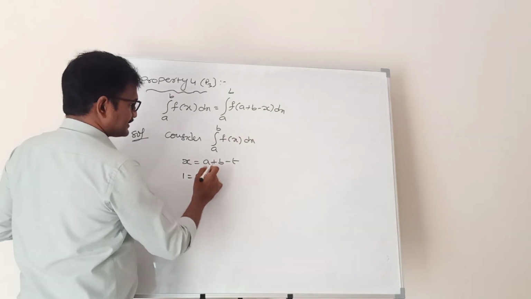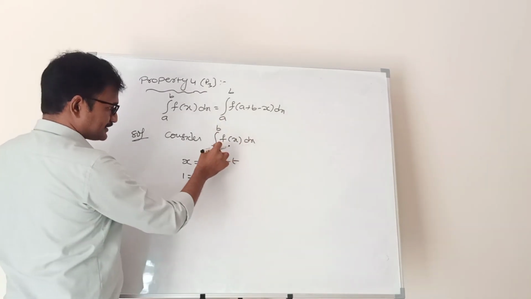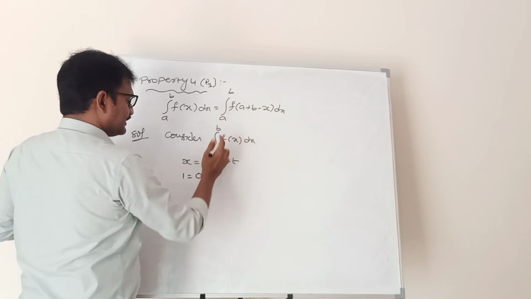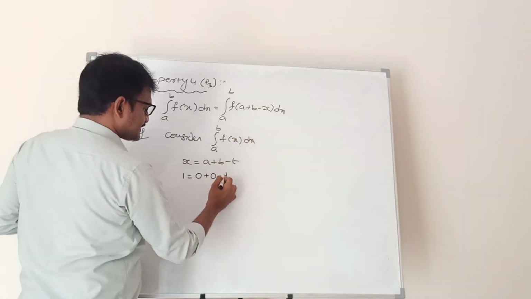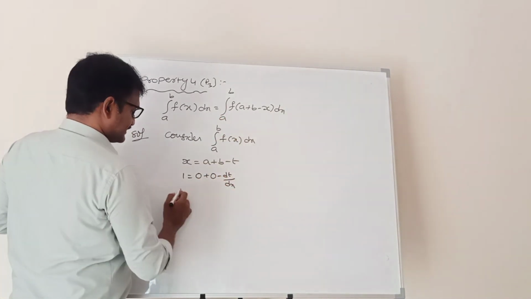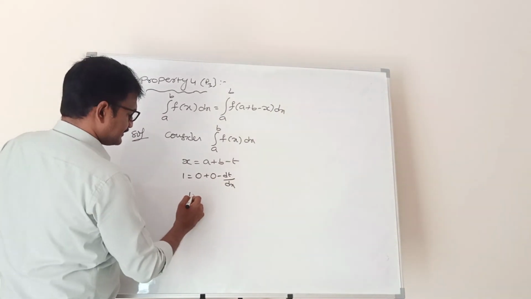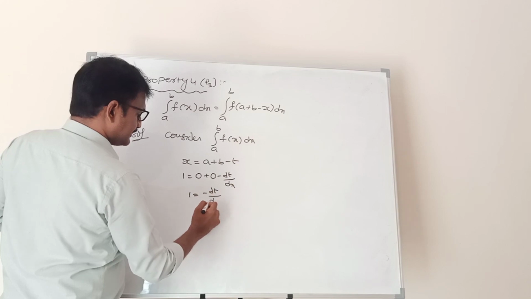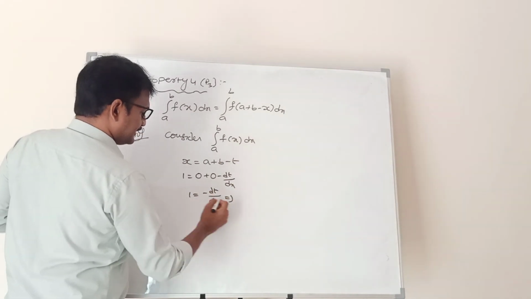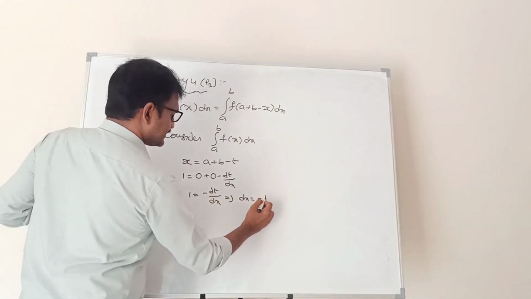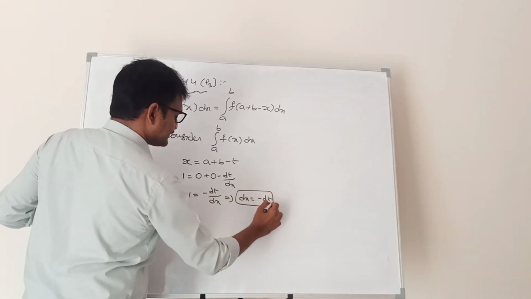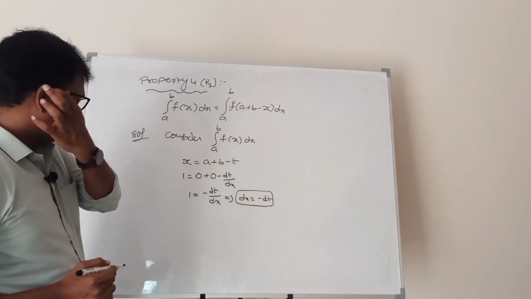Here a is constant, the lower limit is a number, and the upper limit is also constant. The derivative of a constant is 0, minus dt by dx. By cross multiplying, dx is equal to minus dt.